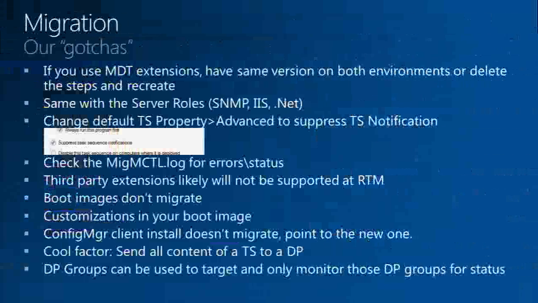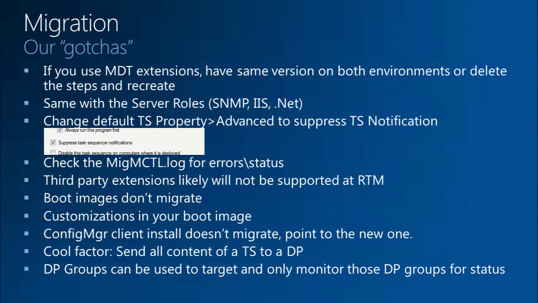So let's move on to migration. Migration over from 2007 to 2012, and some of the things that we found in relation to OS that caused us issues, or just things that you want to keep in the back of your head. First off, we mentioned that we do use the MDT extensions in our task sequence. So if you're going to use the Microsoft migration tool to migrate those over, you need to do one of two things.